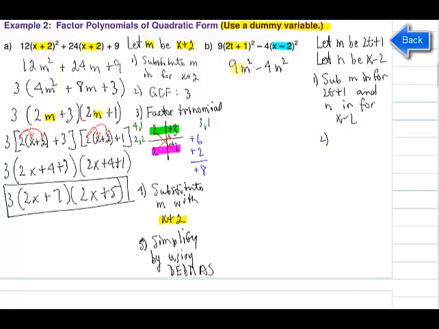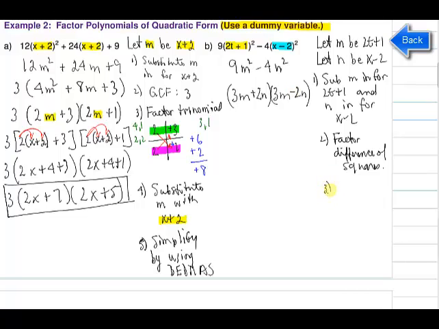Okay, and what you should recognize now is that you have a difference of squares, so you're going to factor the difference of squares. Okay, so two brackets, or two sets of brackets, square root your 9m squared, that gives you 3m. Put that at the front of each bracket, square root your 4n squared, that gives you 2n. And remember, one bracket is plus, one bracket is minus.